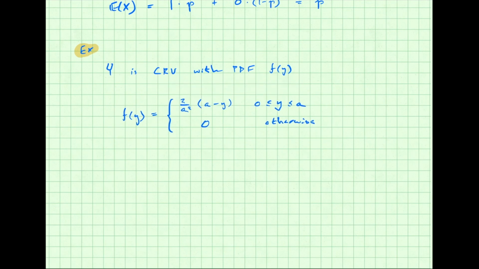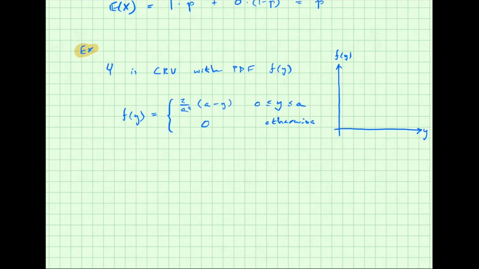Now, let's just draw a quick picture of this so you can see what it should look like. Let's say this is the function f of y, and this horizontal axis is y. So where are the vertical and horizontal intercepts?